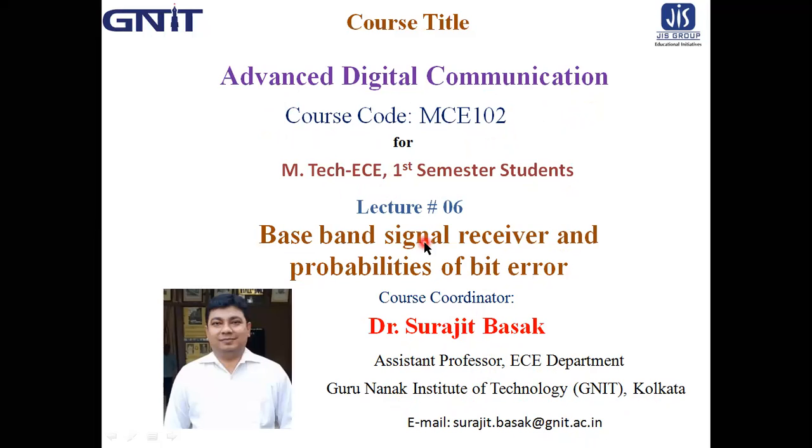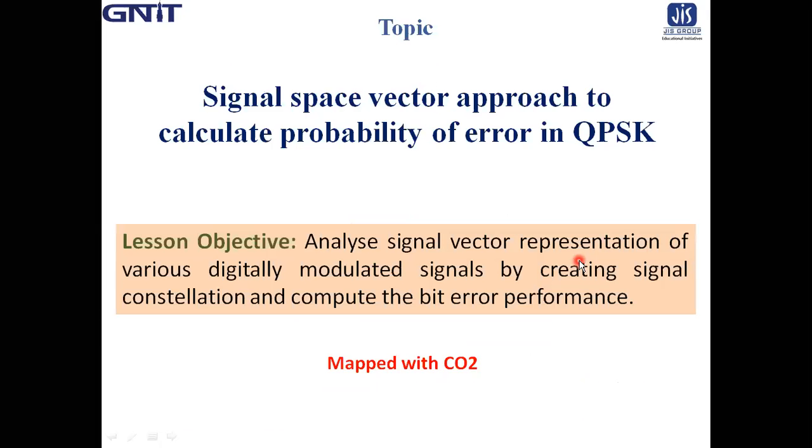Today, we are going to start lecture number 6 from the baseband signal receiver and probabilities of bit error. The topic for today's discussion is QPSK, quadrature phase shift keying, that is the signal space vector approach to calculate probability of error in QPSK.